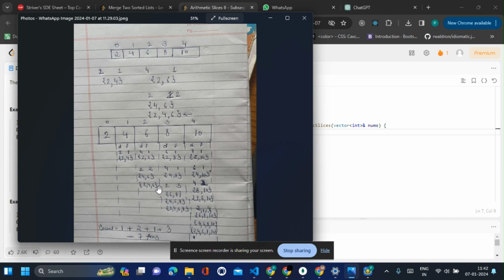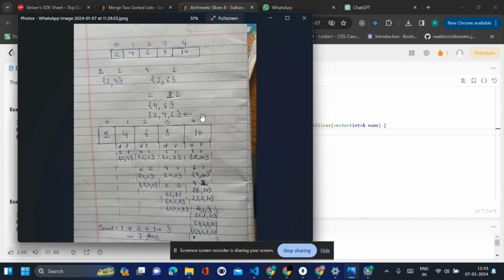Now we can add 8 to both of these and we will get our new subsequence. That's why we have increased our counter by 2, which were previously 1, because we have got these 2 also and increased this count. So we have got these 2 subsequences with common difference 2.